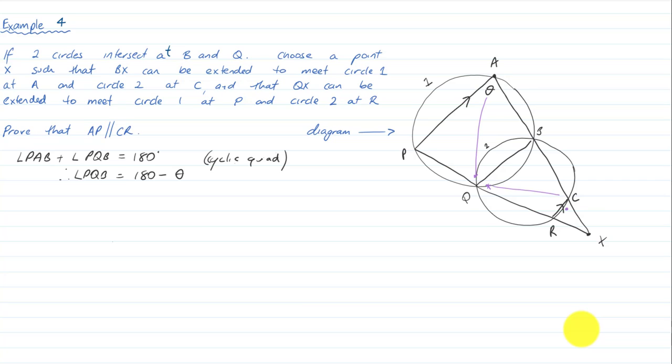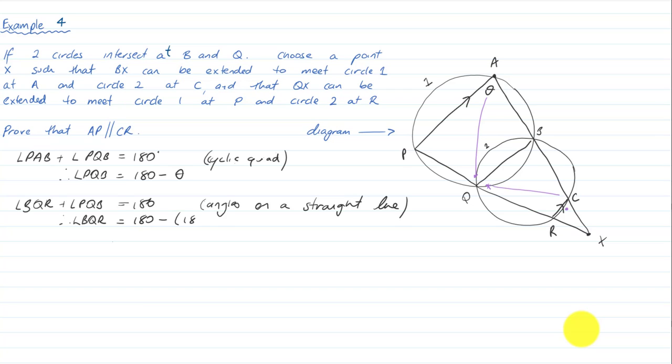And I know that angle BQR plus angle PQB is equal to 180. This is angles on a straight line. And so therefore, angle BQR is equal to 180 minus 180 minus theta, which is equal to theta.